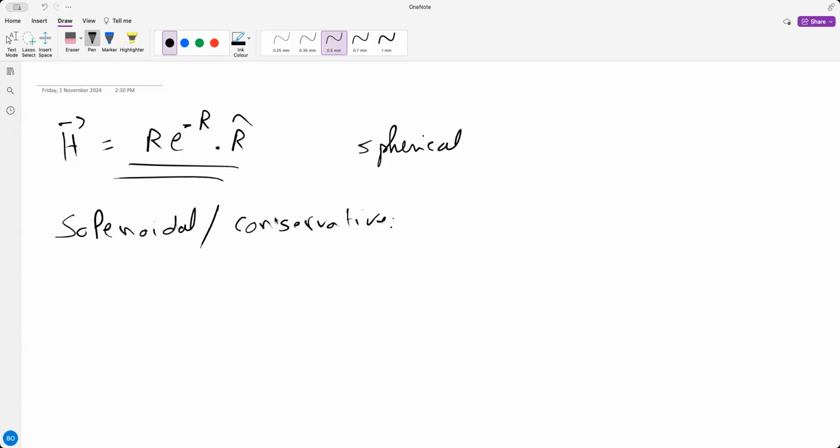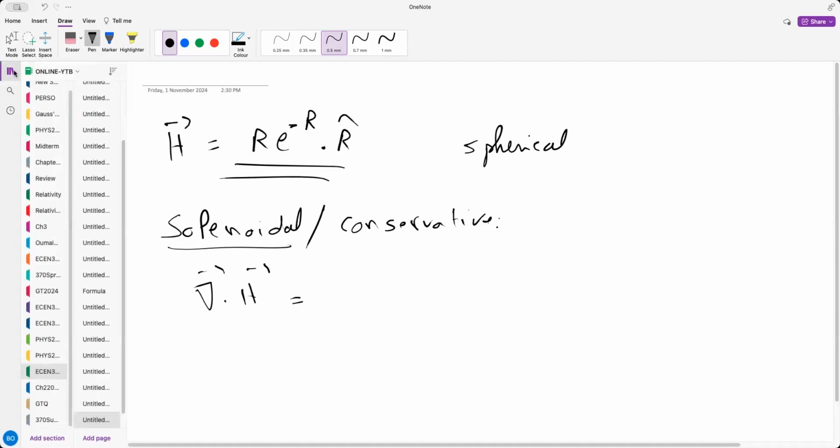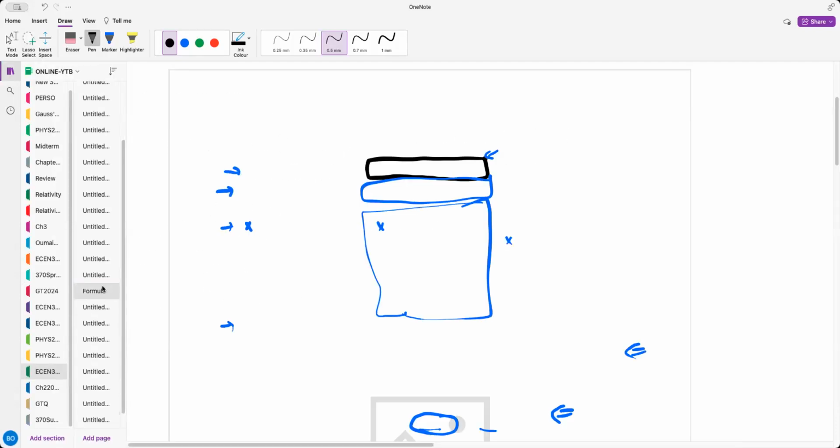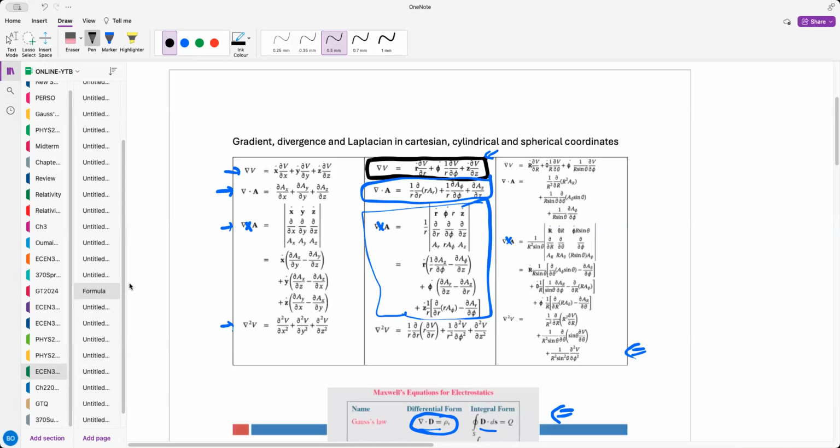Of course, in order to check if it is solenoidal, you have to do its divergence, and the divergence of a spherical vector is given by this formula.